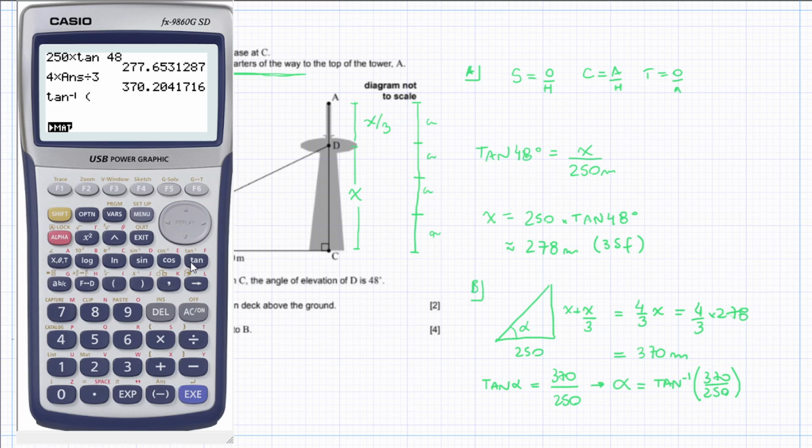Then I will open some brackets just to make sure that everything that I type will be considered as an input for this inverse function. 370 divided by 250, close brackets. And there you go. So our answer, if we keep this up to 3 significant figures, would be 56.0 degrees.